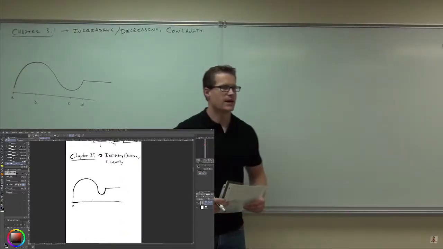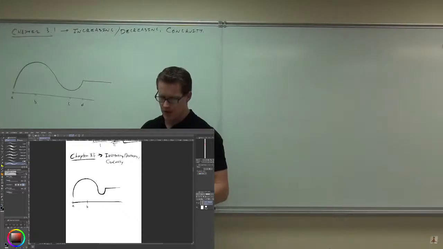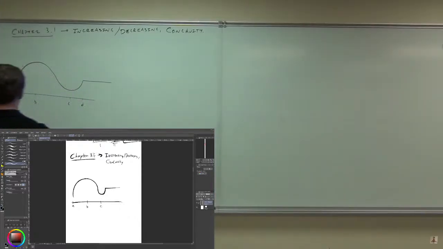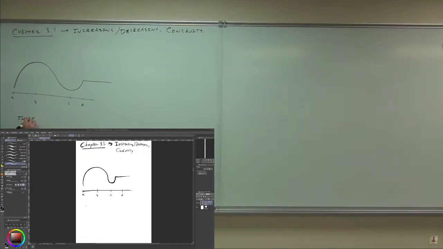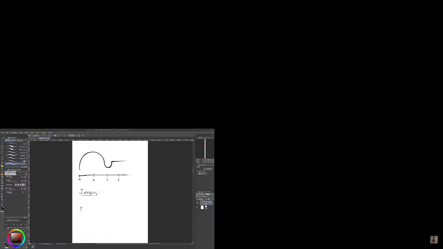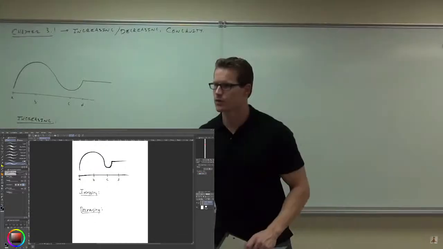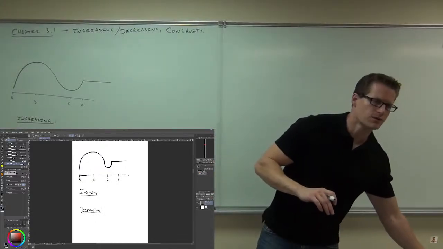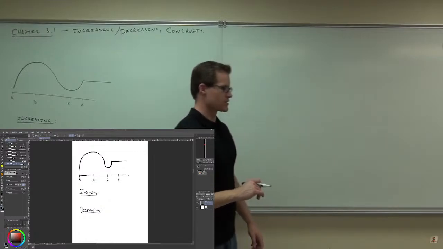What I'd like to find out is where this is increasing and where this is decreasing, and more specifically, what the slope is doing on those intervals. And that's kind of important for us. So the first question is this.